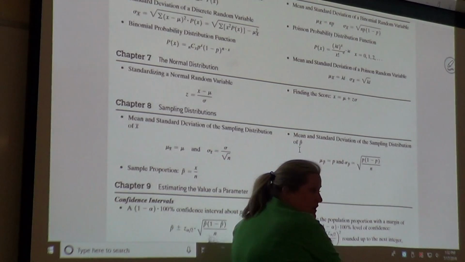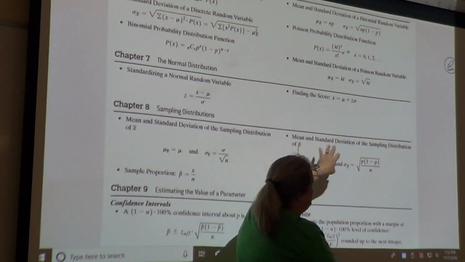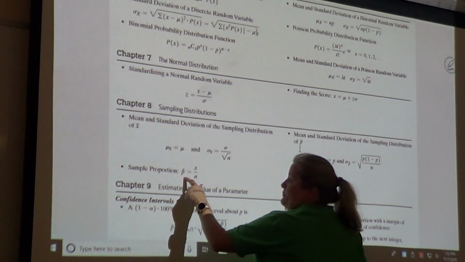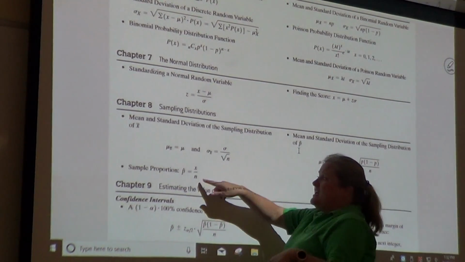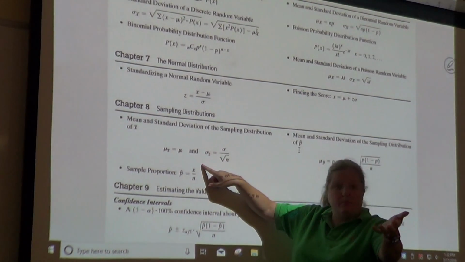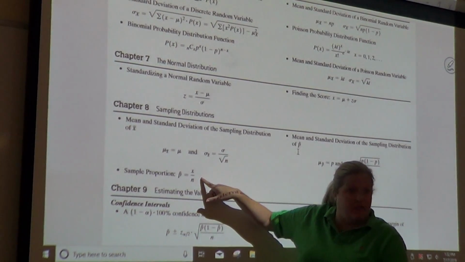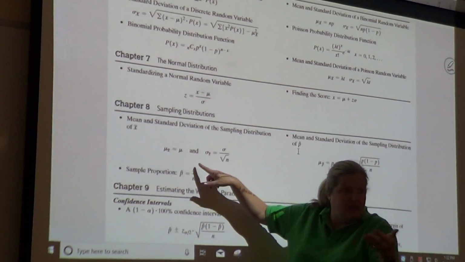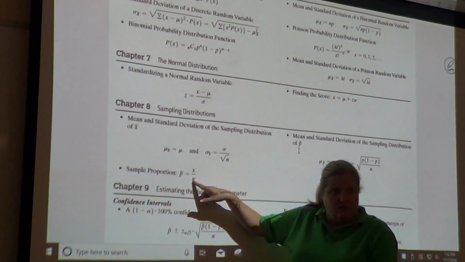Y'all know the N greater than 30 for this one, but you've got to have those two for this one. P hat is X over N. That's if you want to know the sample proportion, and I tell you that 20 people out of the 40 people like pink, you would do 20 over 40.